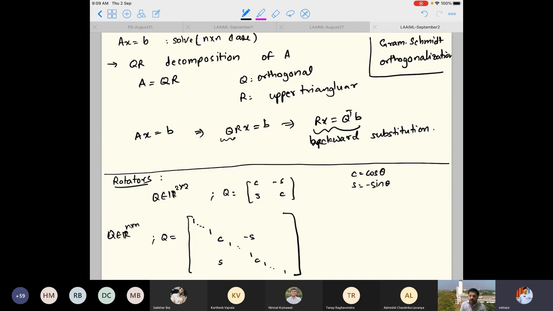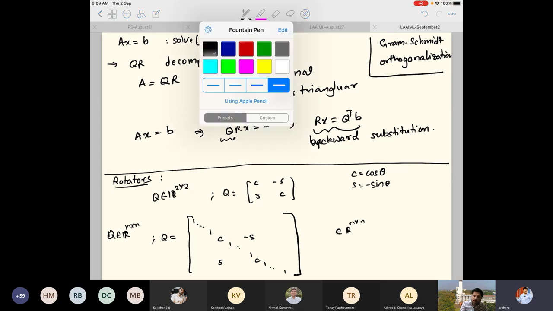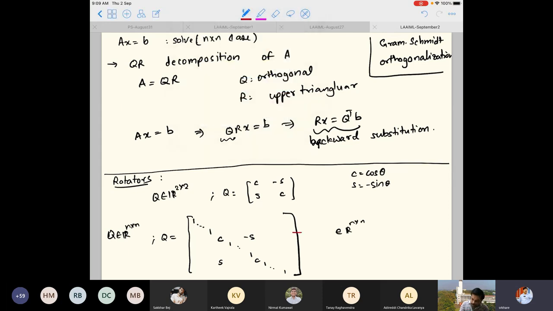All other entries that I have not written in this matrix are actually zero entries. This is an n by n matrix, and this is the ith row and this is the jth row. And similarly this is the ith column and this is the jth column.